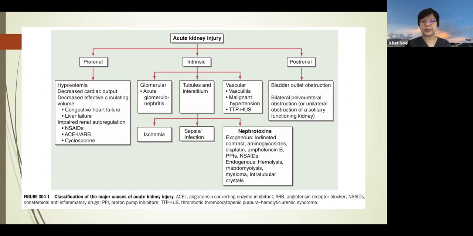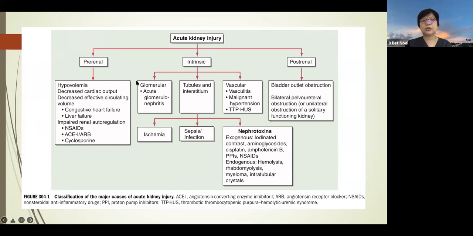Cyclosporine is an immunosuppressive medication that can cause vasoconstriction. For intrinsic, hypovolemia, decreased cardiac output, and decreased effective circulating volume, if left untreated, can cause a tubular and interstitial problem.